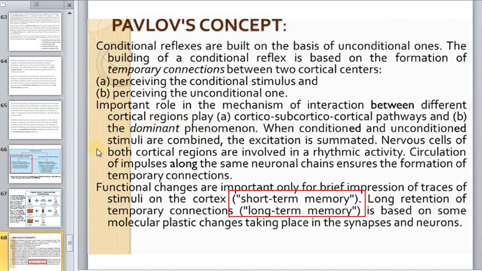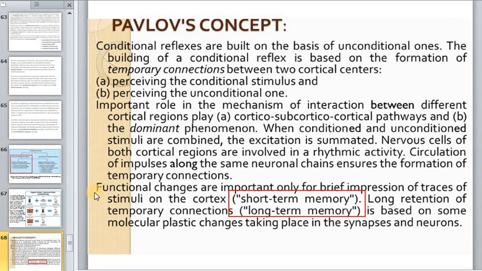Then conditioned and unconditioned stimuli are combined, and the excitation is summated, and the neurocenter cells of both cortical regions, both centers, are involved in a rhythmic activity, just like in one.